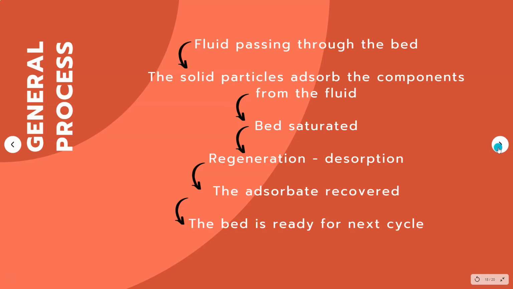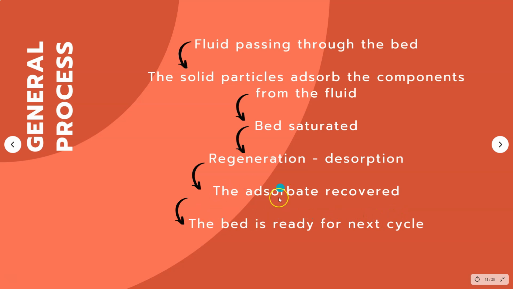So the general process for this column: the fluid will pass through the bed, then the solid particles adsorb the components from the fluid until the bed is saturated. Then the process of regeneration, or desorption, will occur, and the adsorbent will be recovered. Finally the bed is ready for the next cycle.